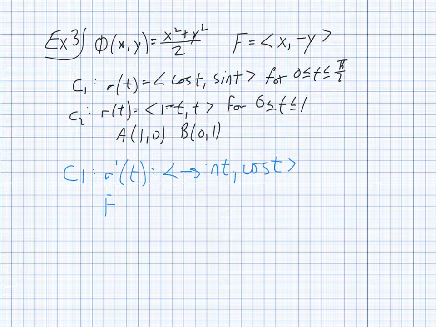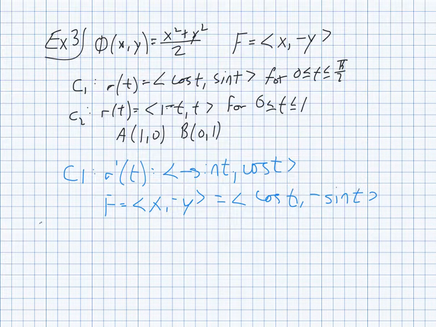So f, which is equal to x comma negative y, is really, in terms of t, going back to the original r function, cosine t, not the derivative, comma negative sine t. Okay, so there's our first step, and those two pieces get substituted into our line integral.